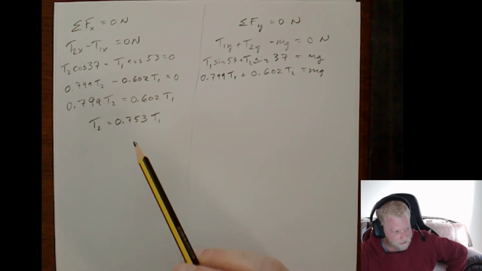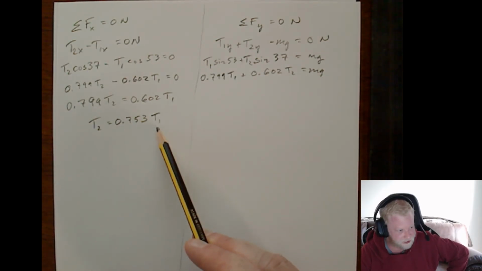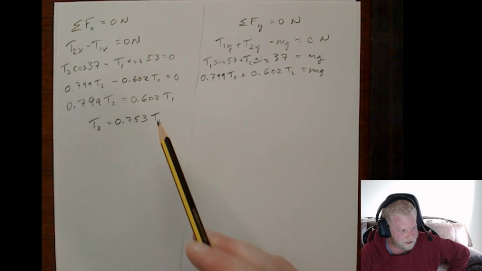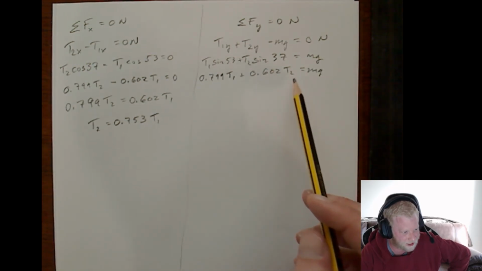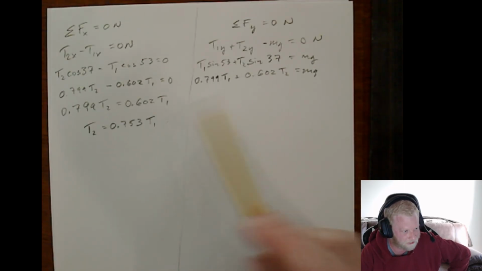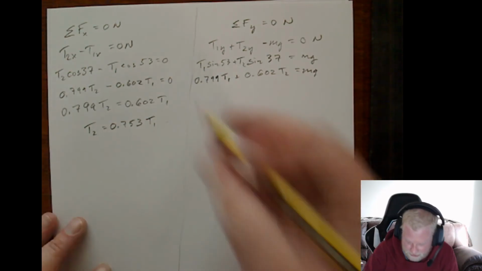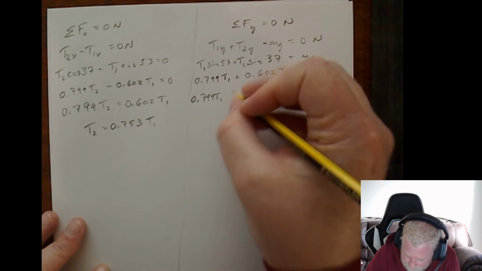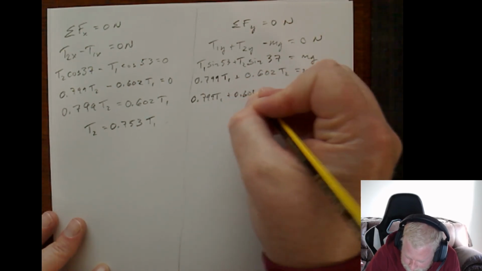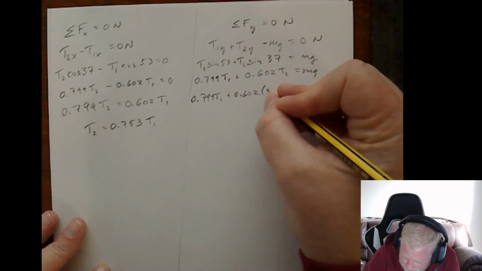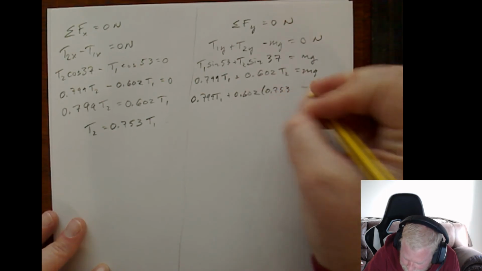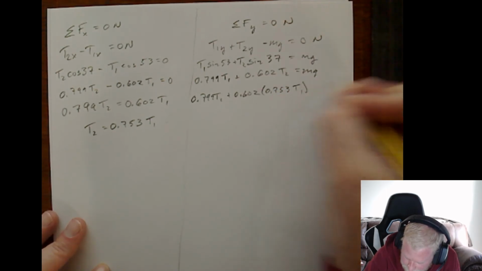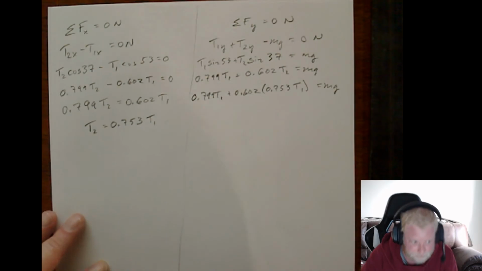Right, so now we've got T2 in terms of T1. So wherever we see T2 on this side, we plug in 0.753 T1. So you get 0.799 T1 plus 0.602 times 0.753 T1 is equal to mg.